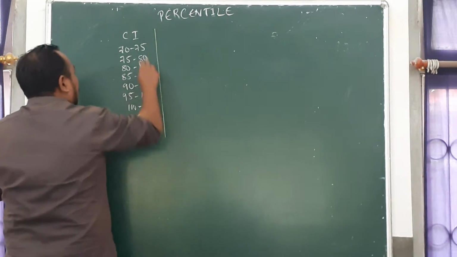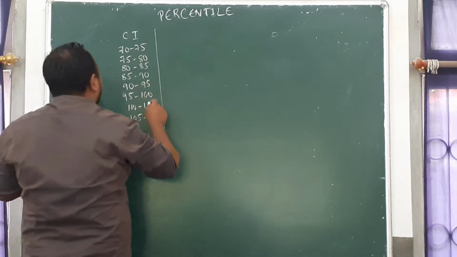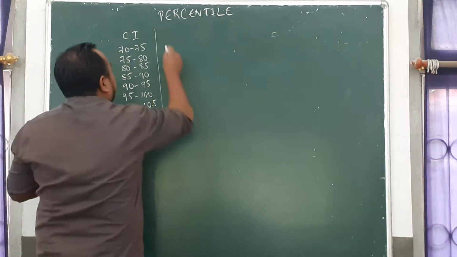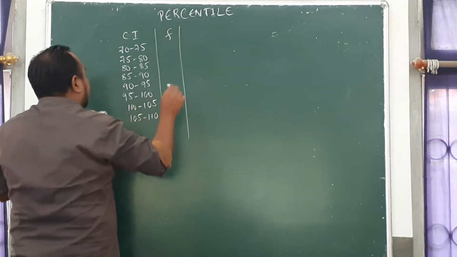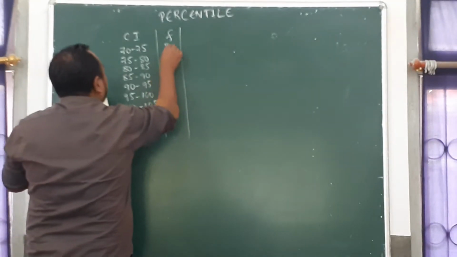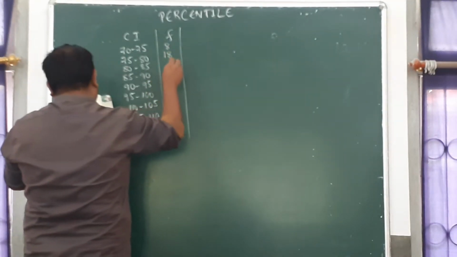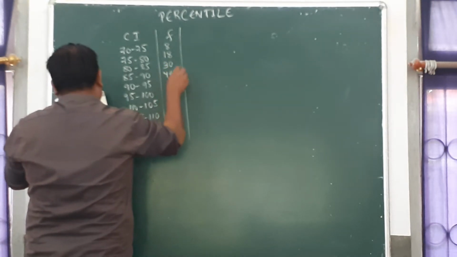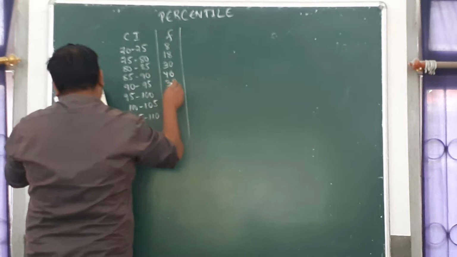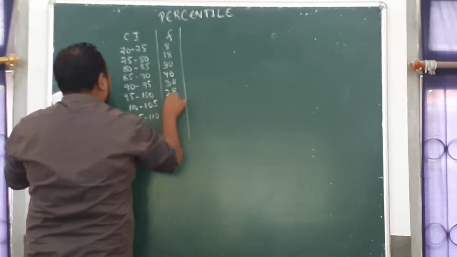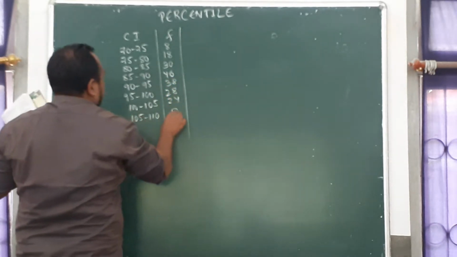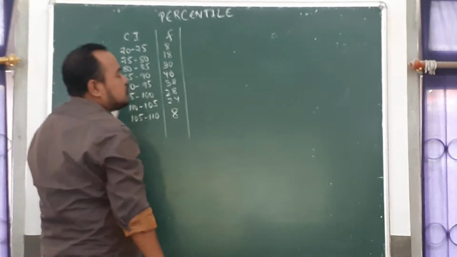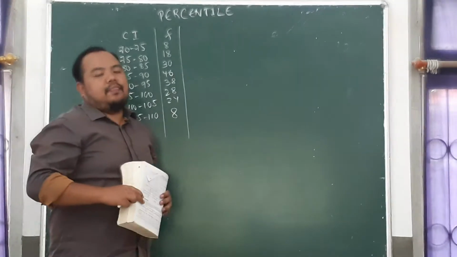So we have 8 class intervals, and the frequencies given are 8, 18, 30, 46, 38, 28, 24 and 8. So only these two values will be given, the class interval and the frequency.